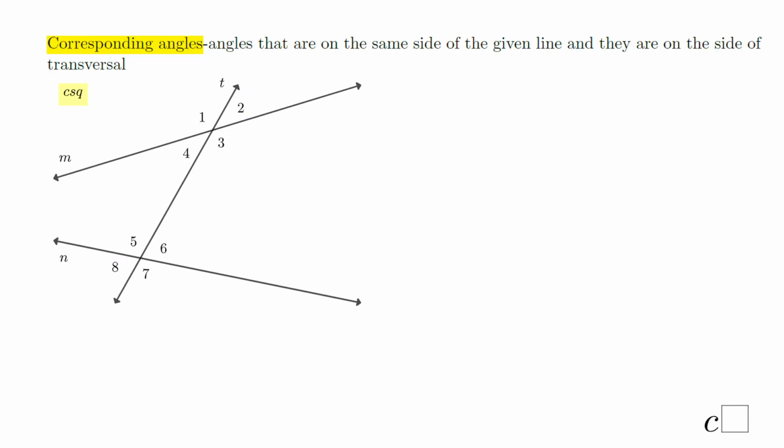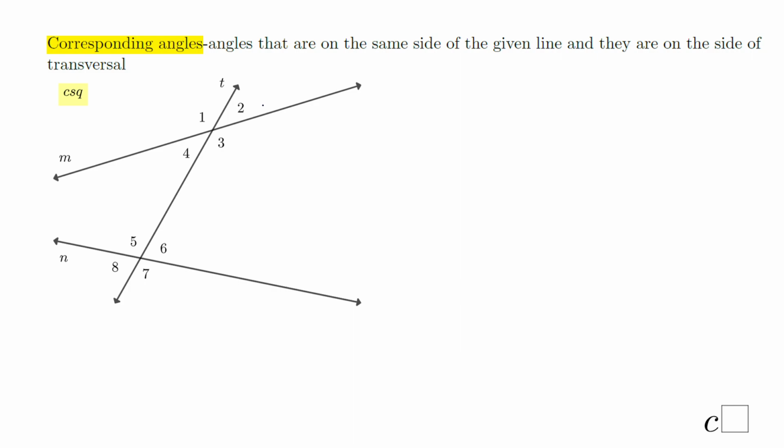My last type of angles, and this is the last one in this case for this type of lines, we call corresponding angles, that are on the same side of the given line, the transversal. So let's see which ones are those.